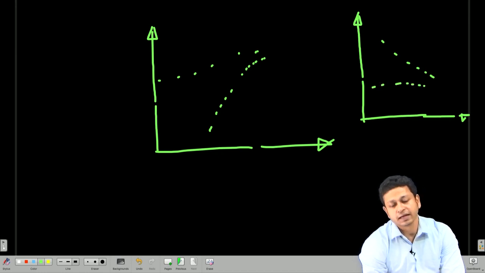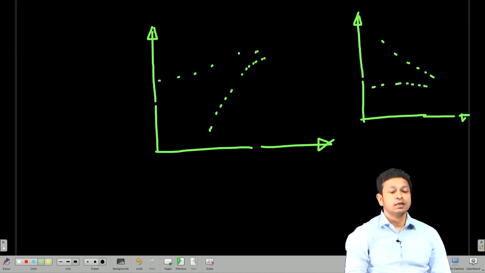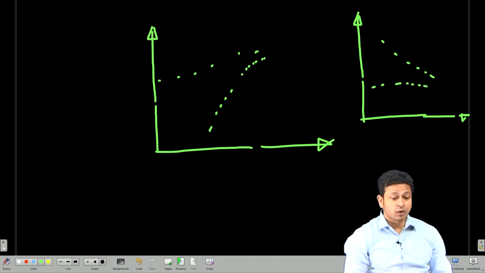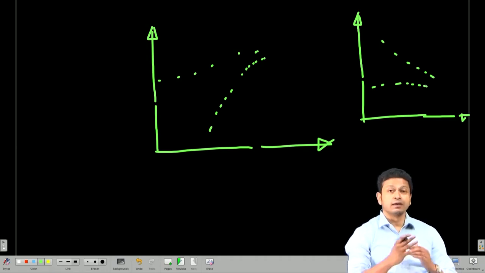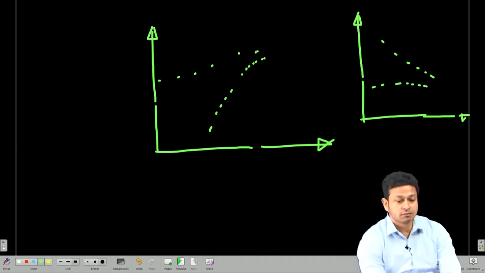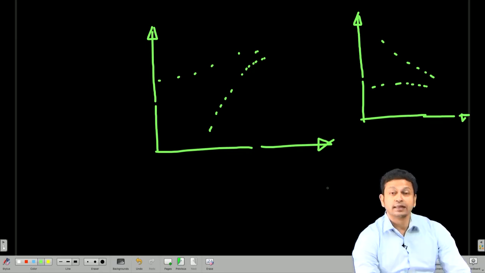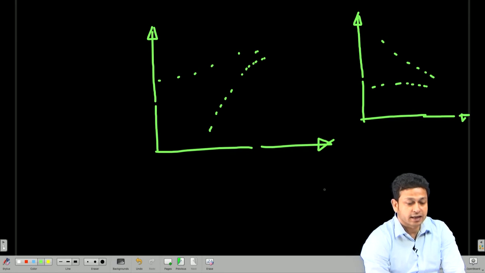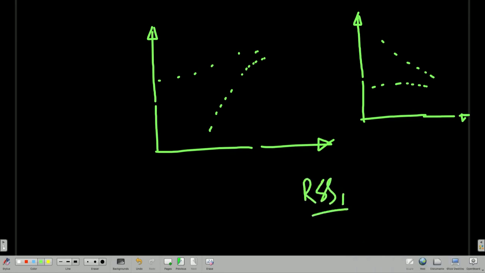So there could be different types of distribution of the error term, and in case your variance is decreasing with the increasing value of x, what we do is we simply change RSS1 and RSS2. Initially we did RSS2 by RSS1, but in these cases we will do RSS1 by RSS2.